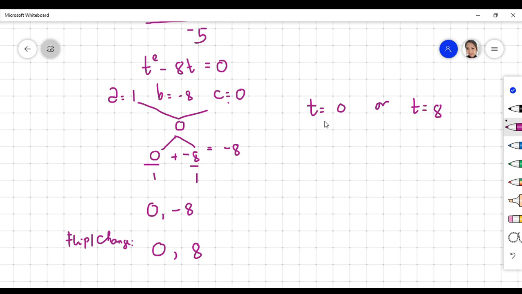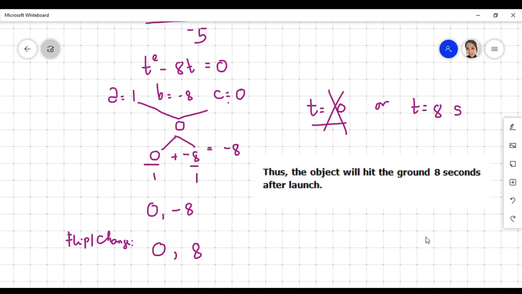But since t is time and there was a movement in the object, because we want to know the time it reaches the ground, t must not be 0. So we cannot use this one. So we will choose t equals 8 seconds. As a conclusion, the object will hit the ground 8 seconds after launch.